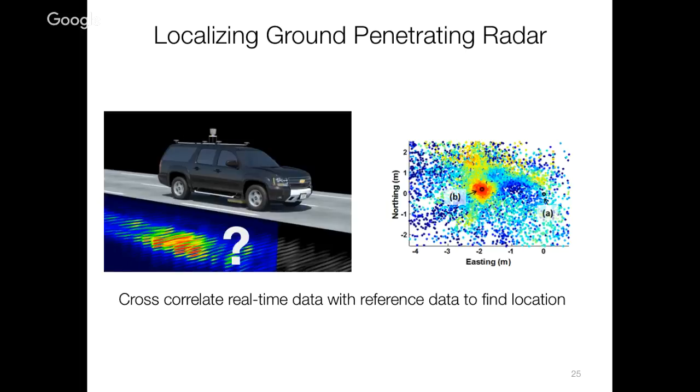So in this particular case, between the reference data set and the active data set, there's a best correlation happening right here, which says that you're 2 meters east and 0 north. So that's the idea. The concept is simple.